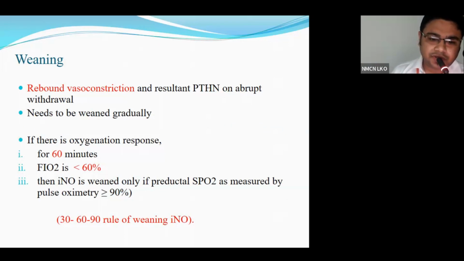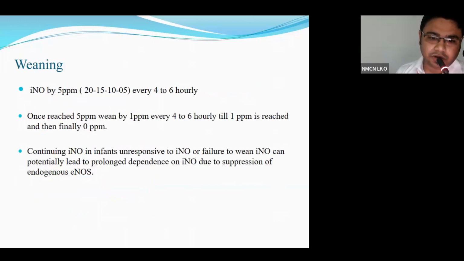So if there is oxygenation for 60 minutes, and the FiO2 is coming down to less than 60%, and your SpO2, measured by pulse oximetry, is more than 90, then you can gradually cut down on the iNO.